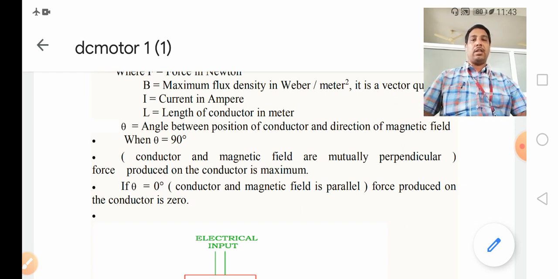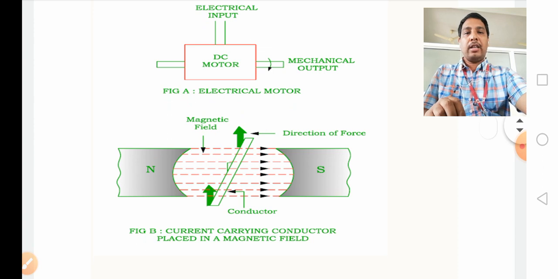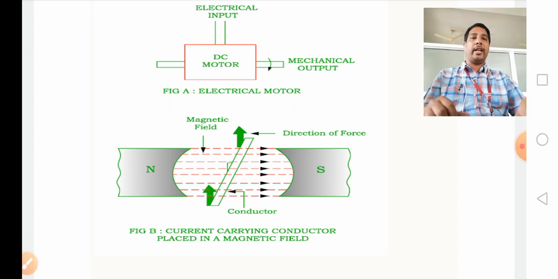When theta is equal to 0 degrees, the conductor and the magnetic field are both in parallel direction, so there will be no force. We can say the force is almost 0.